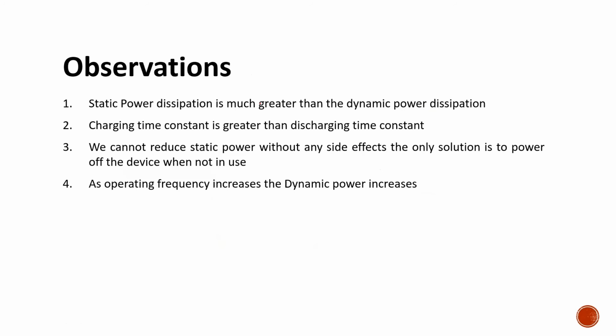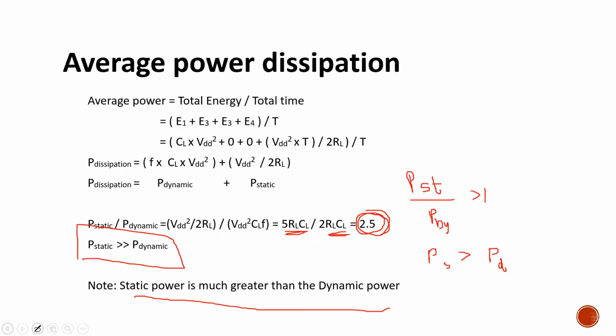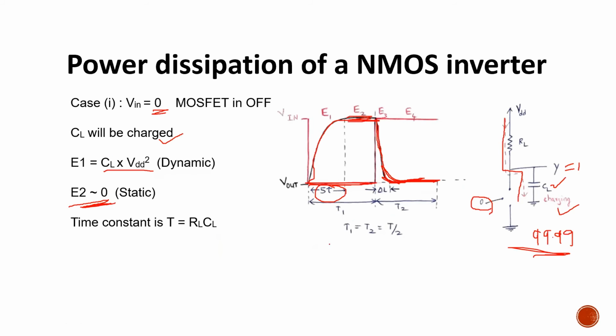Guys, what are the observations we made in the NMOS inverter? There is a huge static power dissipation. Moreover, the charging time constant is RLCL, where the RL value is very high. It is a passive load, usually it contains a high value only.